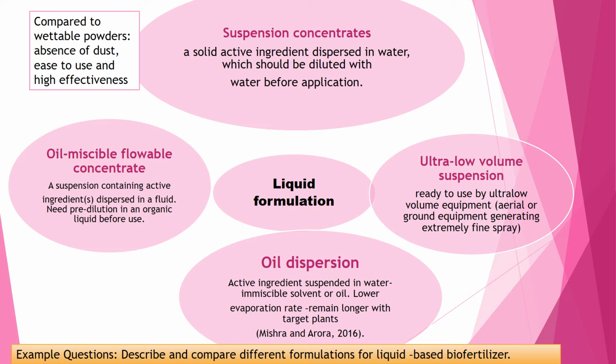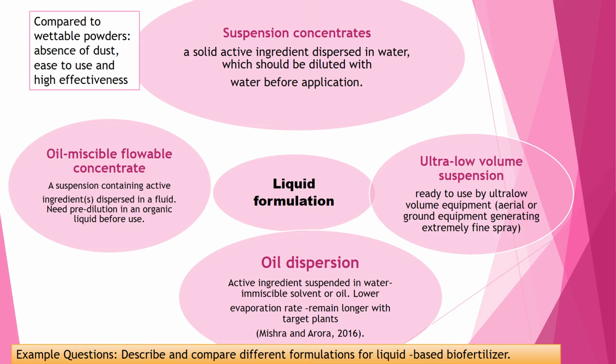And during the liquid formulation, there are 4 major parameters that we will need to control. Number 1 is suspension. This is usually the most common format as compared to the powder. As a liquid form, it is free of dust and easy to use, with high effectiveness.